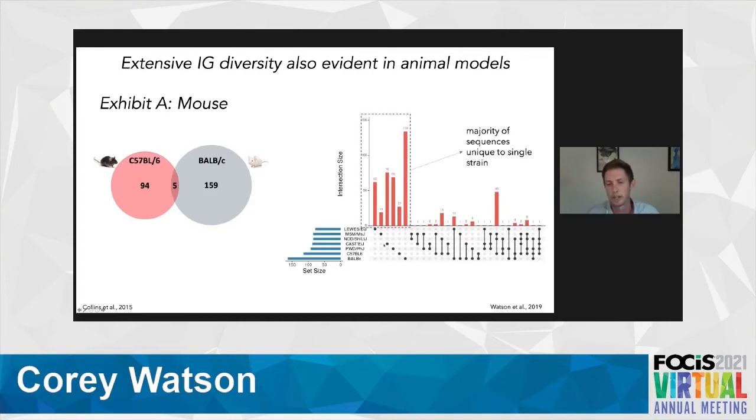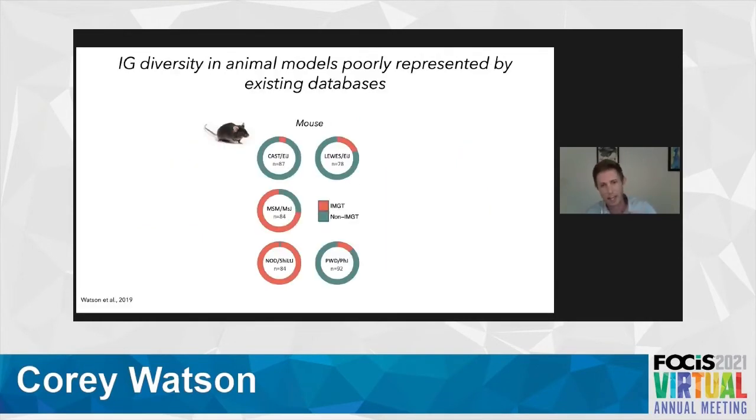And what we can see when you look at the V gene sets among these strains is that the majority of sequences are unique to only a single strain. So there's not a lot of shared sequences amongst different mouse strains. And at the time when we did this sequencing, one of the big observations was that the majority of sequences found in commonly used databases did not represent the sequences we were seeing across these mouse strains.